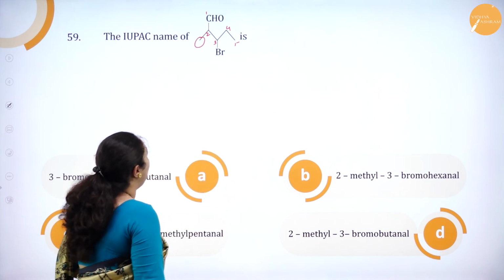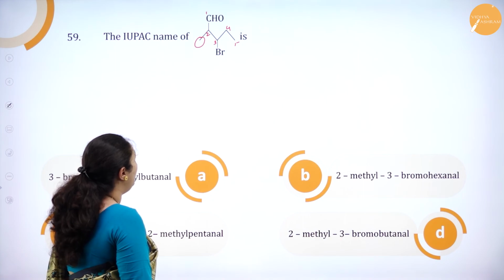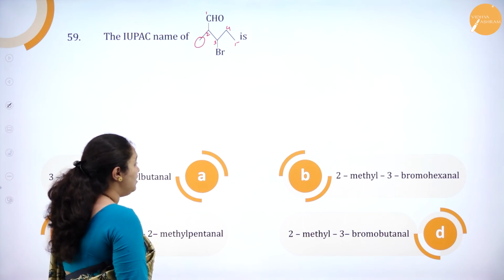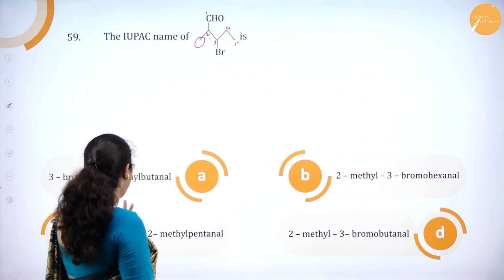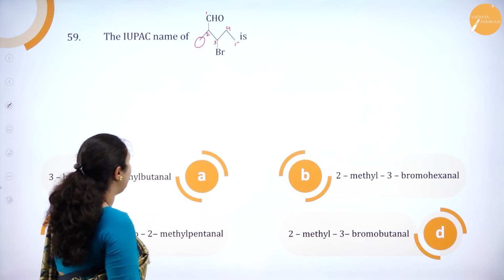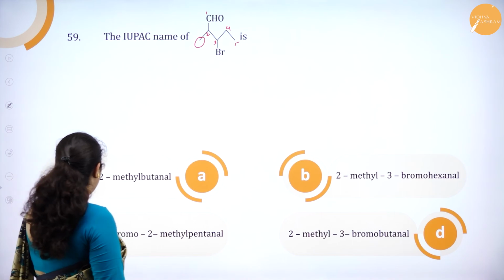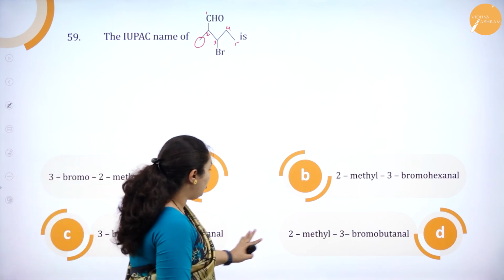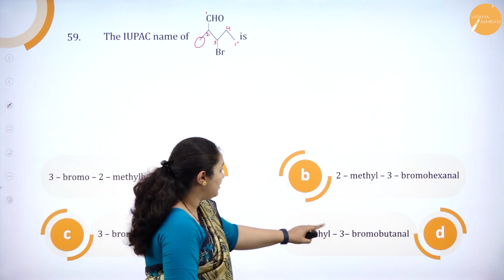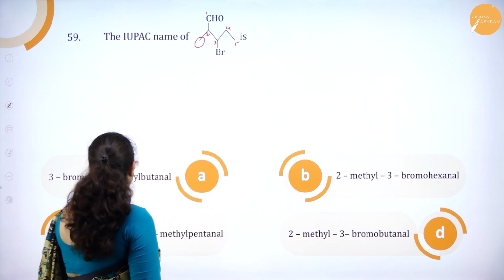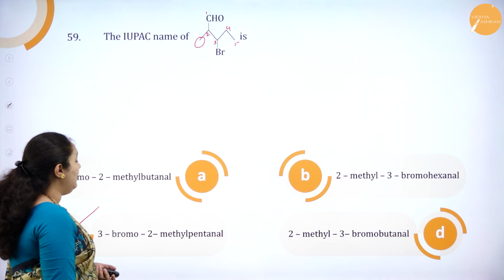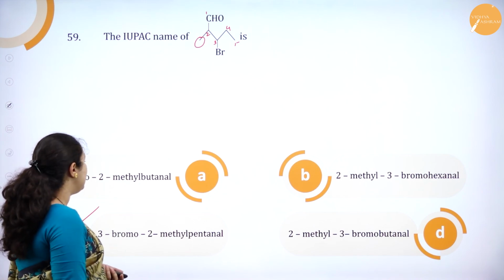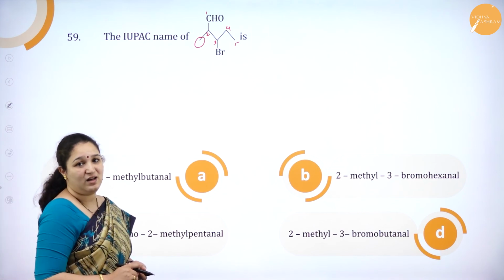So, it is 2-methyl 3-bromo pentanal, and we have to use pentanal because it's a 5 carbon atom chain. The options are 3-bromo 2-methyl pentanol, 2-methyl 3-bromo, and here it is butanol, hexanol, butanol. So, it should be option C, 3-bromo 2-methyl pentanol. So, option C is the right answer.